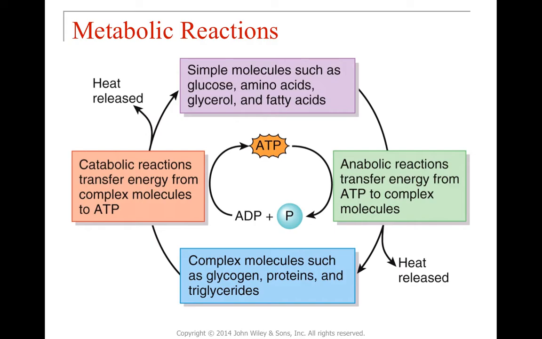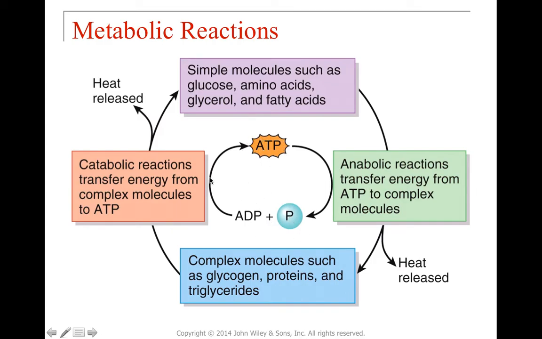But basically the reactions that break things down are generally going to be releasing energy, and the reactions that build things up are generally going to require energy. ATP is the carrier molecule that goes back and forth between the high energy form, the triphosphate ATP, and the low energy form, the diphosphate ADP, with a free phosphate in solution. This is going to have less energy than that molecule.